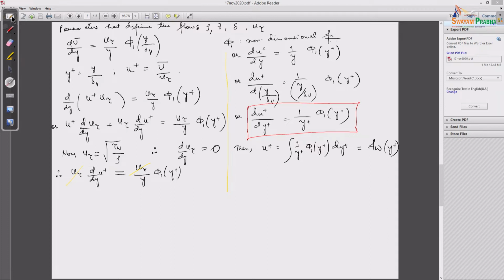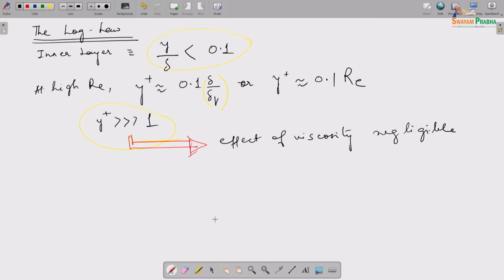Now if that is negligible, look at this phi.